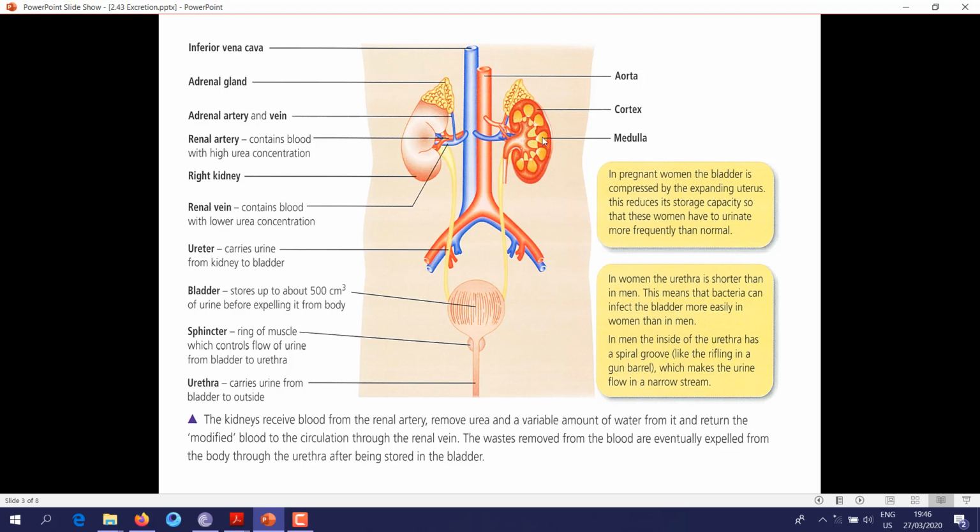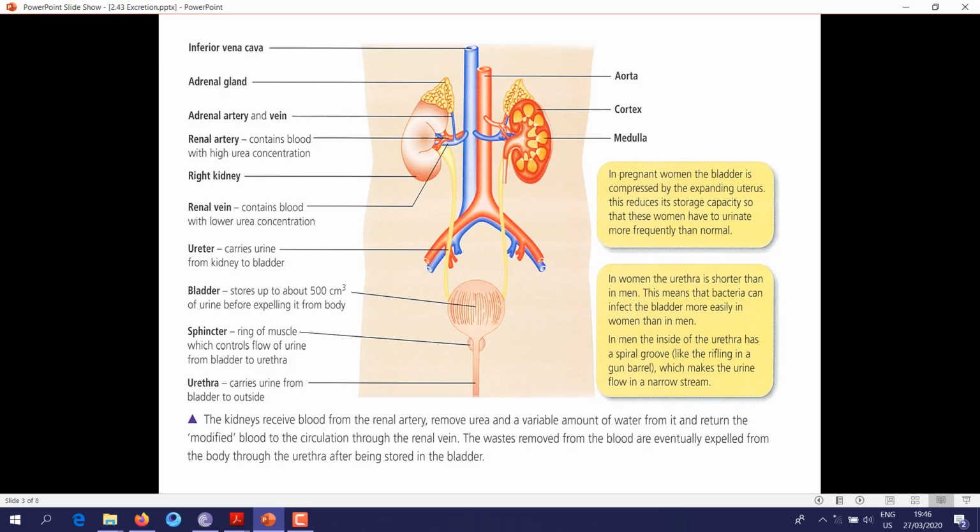It consists of two main parts, cortex and medulla. Inside the kidney there are hundreds of thousands of small tubules we call nephrons. The nephron is the simplest unit of the kidney, or we can say it's the building block of the kidney.